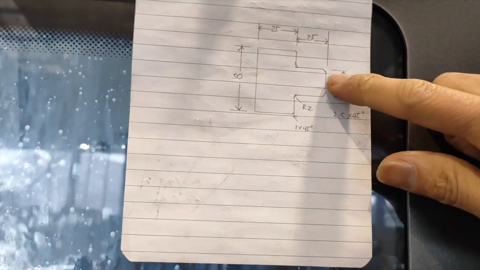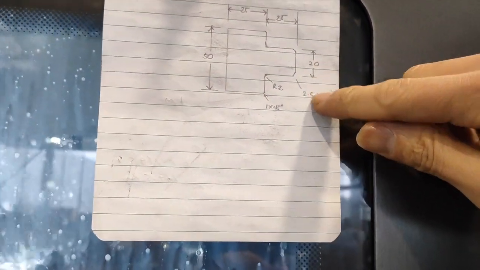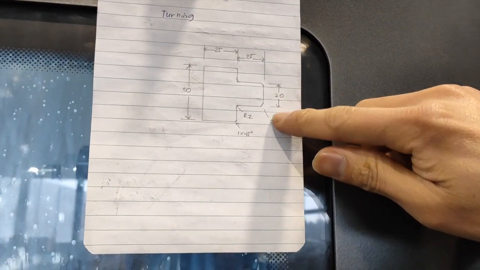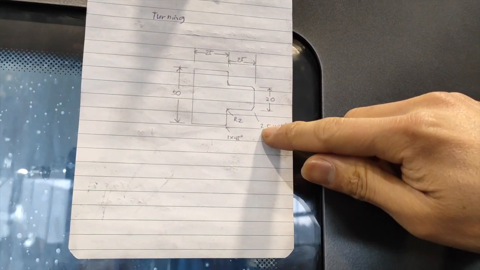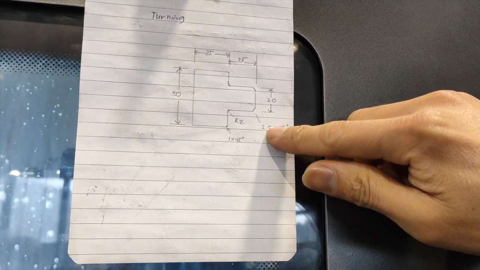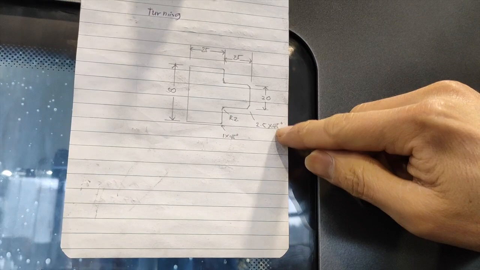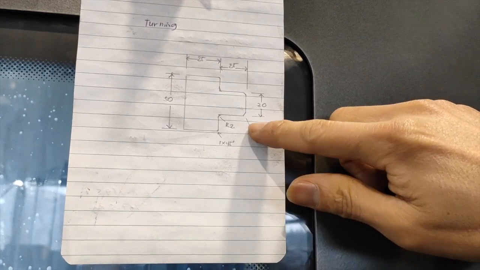So now guys, we are going to do our turning. Since our first diameter is 20 and we have a chamfer of 2.5, we are just going to multiply this 2.5 by 2, so it's 5 mil because this one is a 45 degree chamfer.